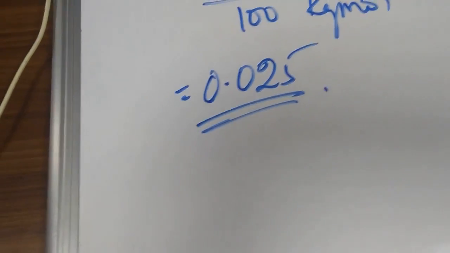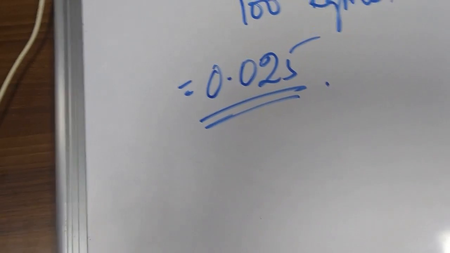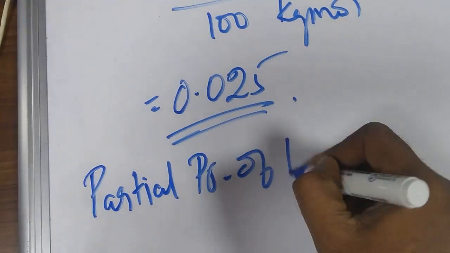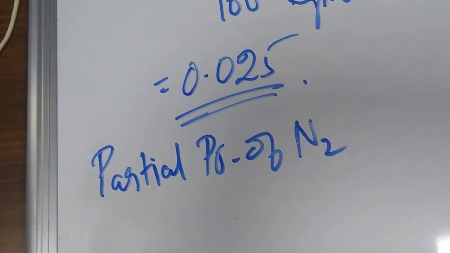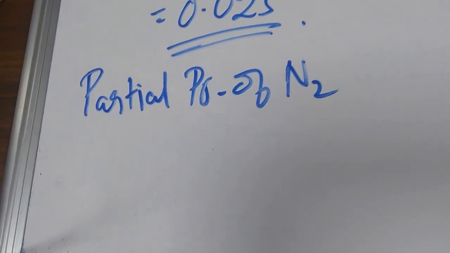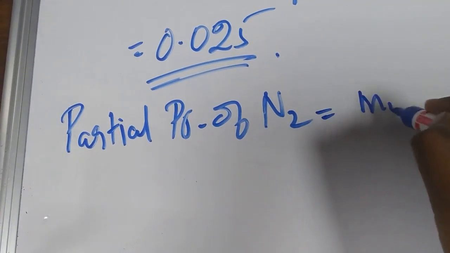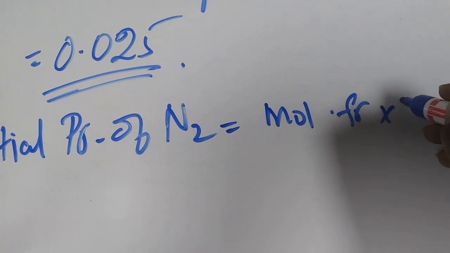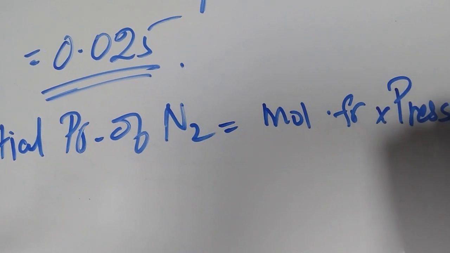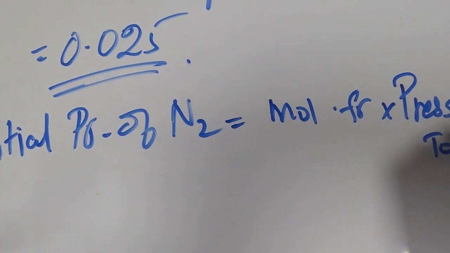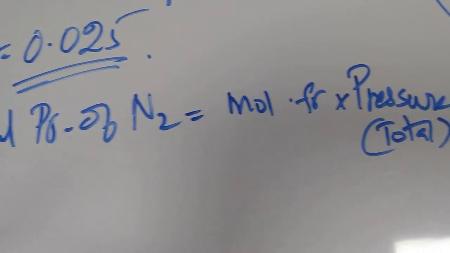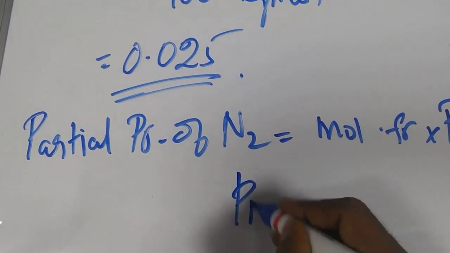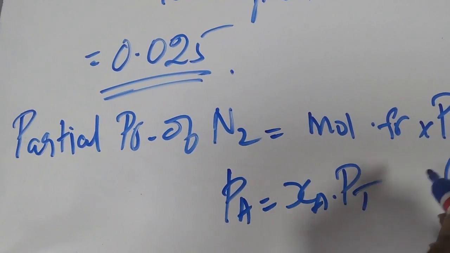Now the question is, what is the partial pressure of nitrogen? Partial pressure of nitrogen is equal to mole fraction multiplied by total pressure. We know that PA equals XA into P total, right?